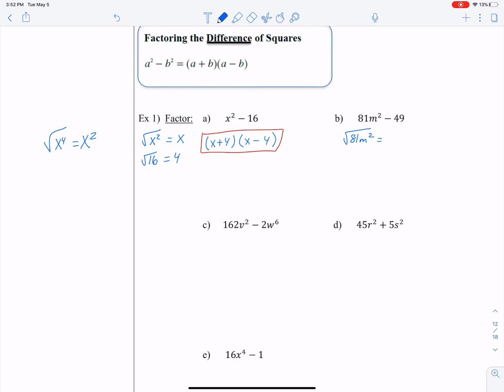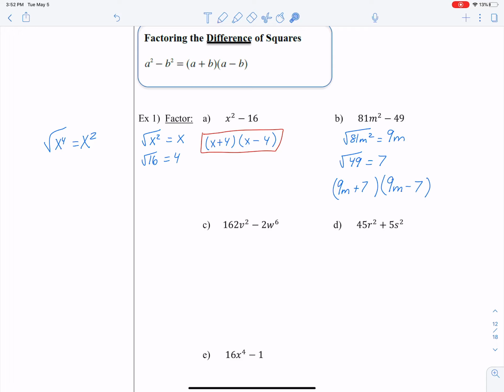You're going to put 81 in your calculator and do the square root of that. We get 9. And then the m squared, the square root of that is m. Square root of 49 is 7. So we're going to have two brackets. We're going to have 9m plus 7 and 9m minus 7.